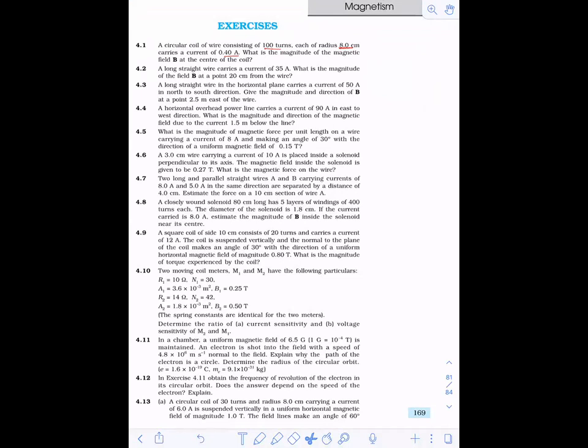What is the magnitude of the field at a point 20 centimeter from the wire?